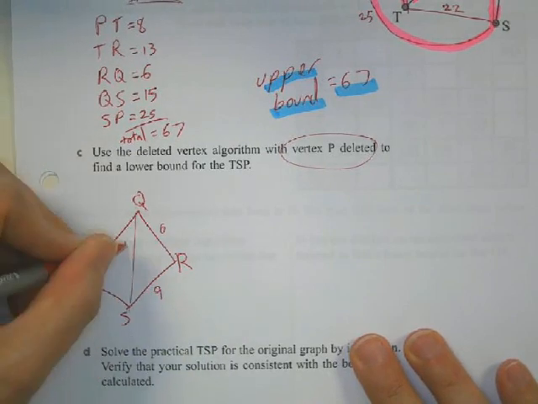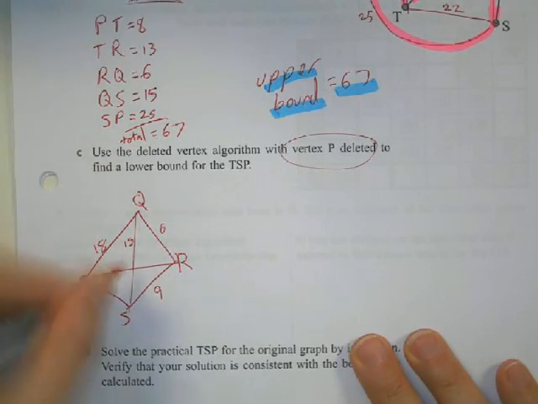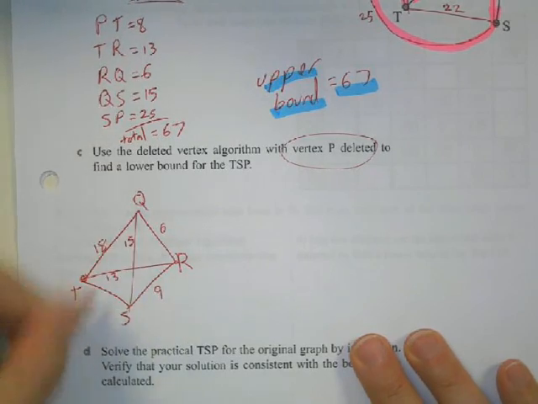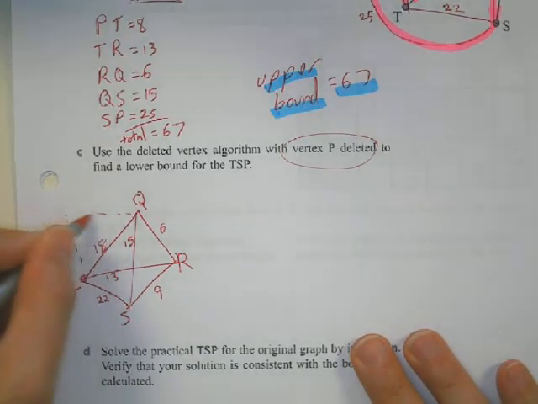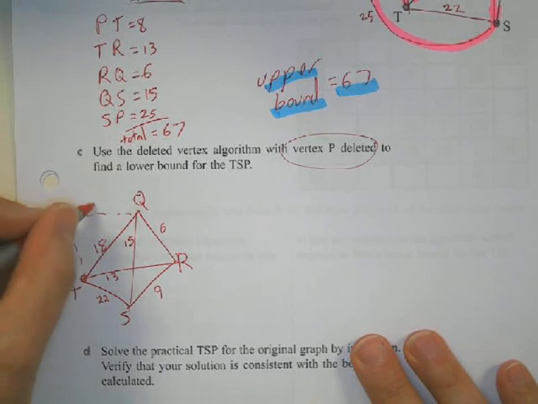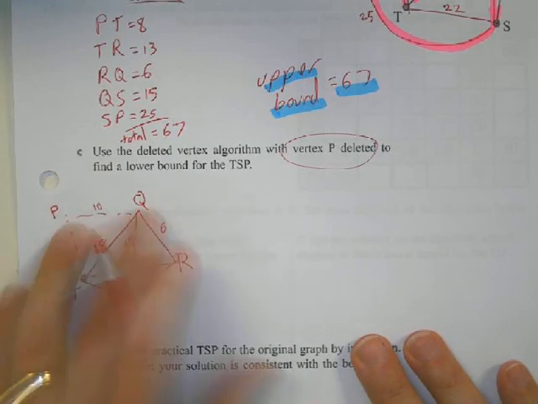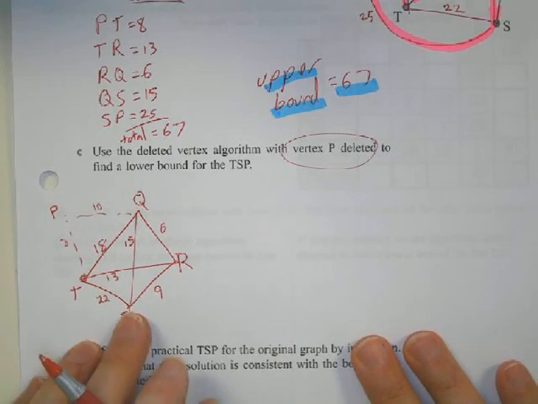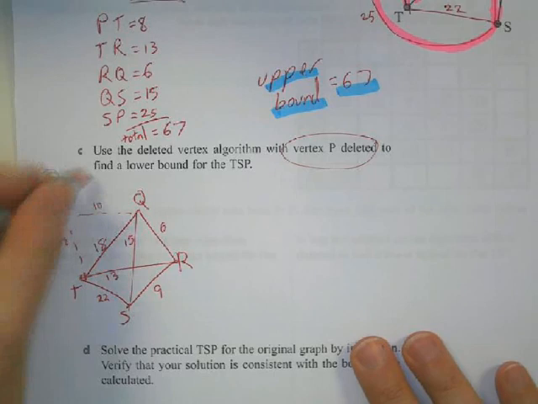This is 15. This is 13. This is 22. Okay. Here is P. I just drew it dotted, and that's 10 and 8. Okay. So looking at P being removed, we've drawn our picture.